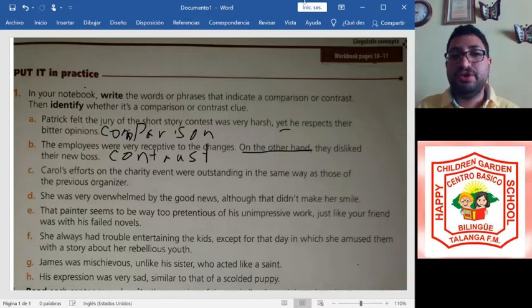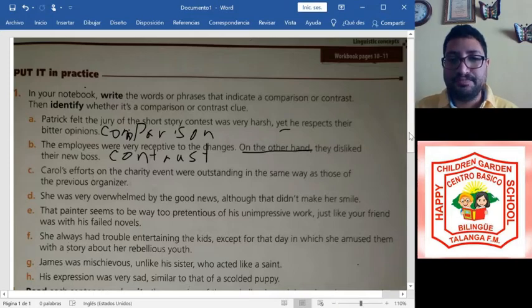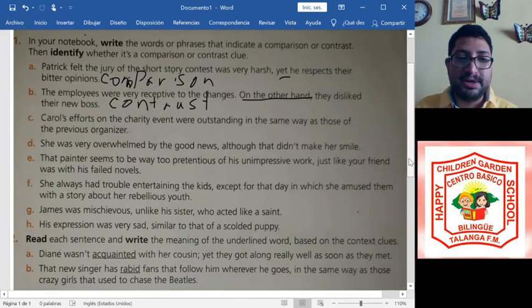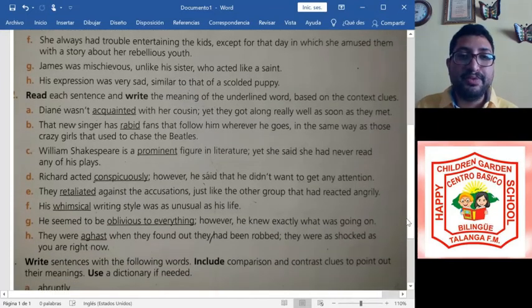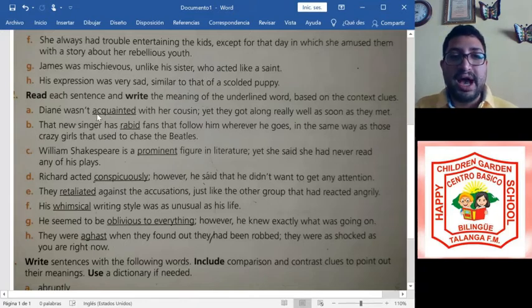And so you're going to do the other exercise by yourself. Now, in the next exercise, we read each sentence and write the meaning of the underlined word based on the context clue. So we got here a sentence and we got an underlined word, acquainted.